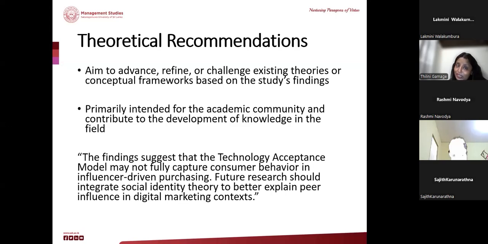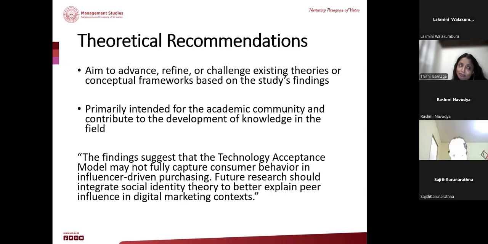If you look at theoretical recommendations, basically, they aim to advance or refine existing theories or conceptual frameworks based on the study's findings. So it has a broader scope to be played. It's not just about stating findings.